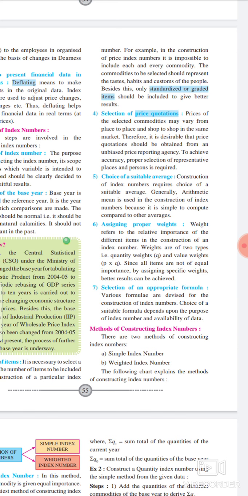For example, in the construction of a price index number, it is impossible to include each and every commodity. The commodities to be selected should represent the taste, habits and customs of the people. Besides this, only standardized or graded units should be included to give better results.